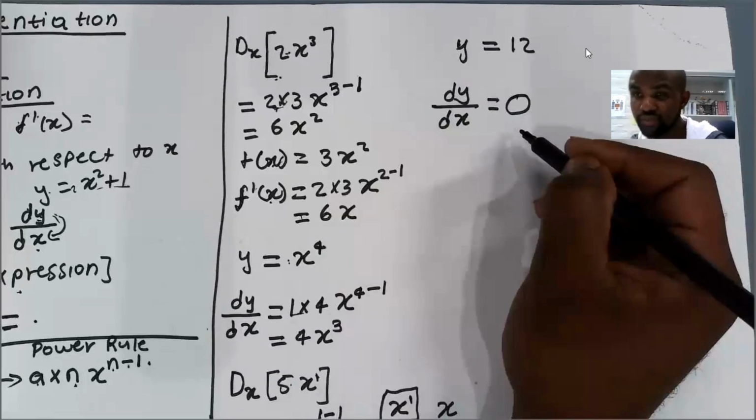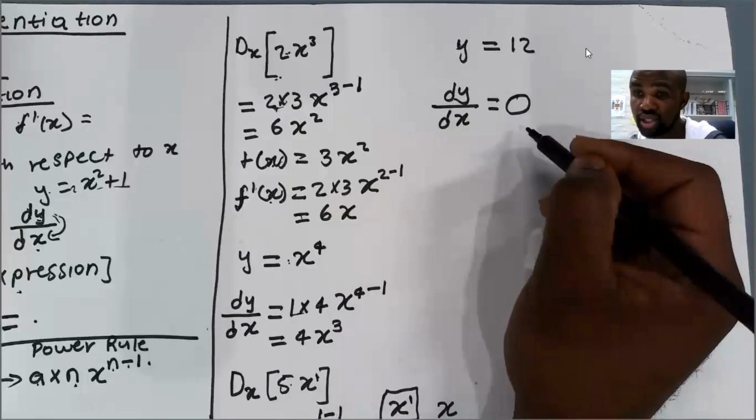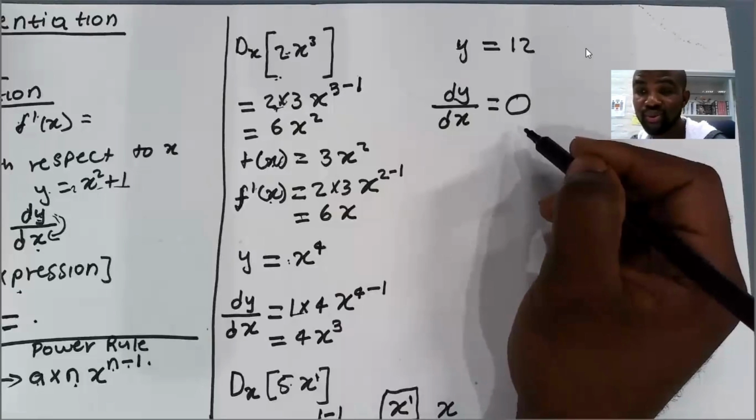The derivative of a constant is always 0. Make sure you don't forget that one, guys. These are marks. The derivative of a constant is always 0.